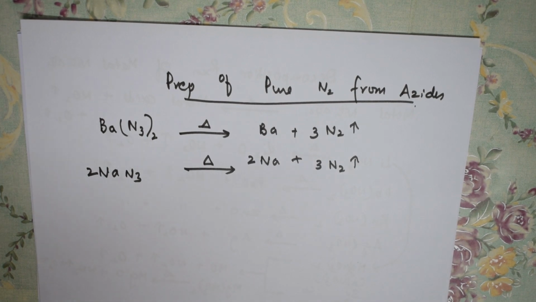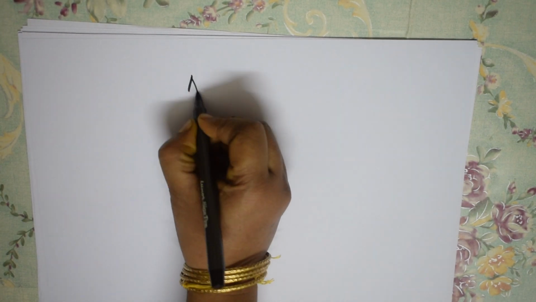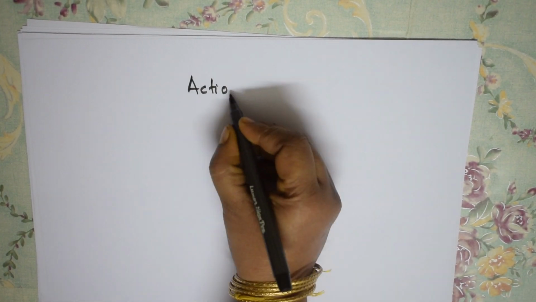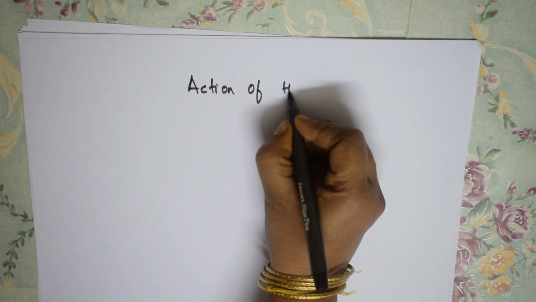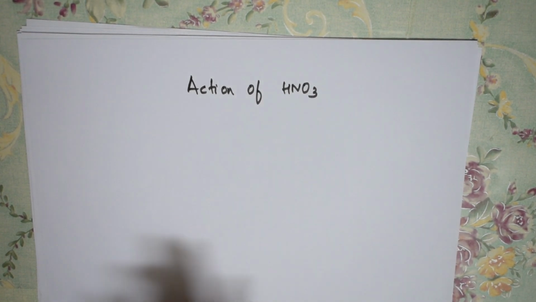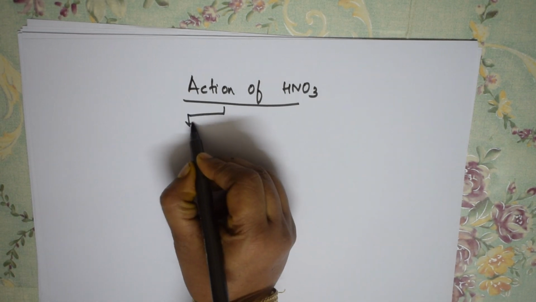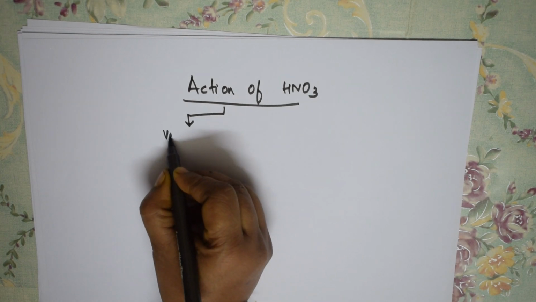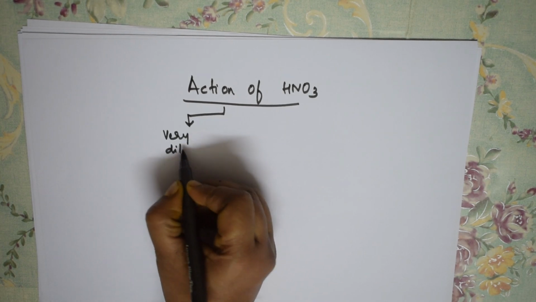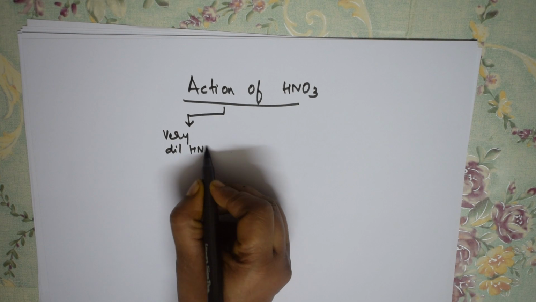That's okay. Now let us see the important thing, reaction of nitric acid. Very, very, very important. So let us see the action of HNO3. Basically for nitric acid, we have 3 conditions which we have to learn. That is, how is the reaction with very dilute HNO3?